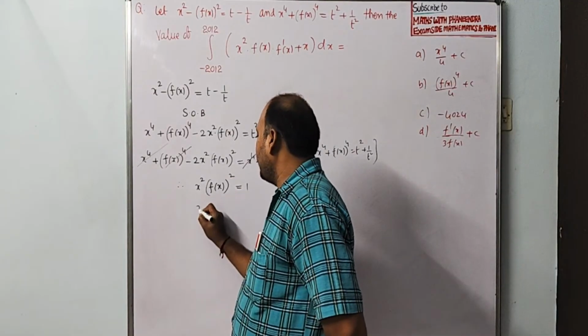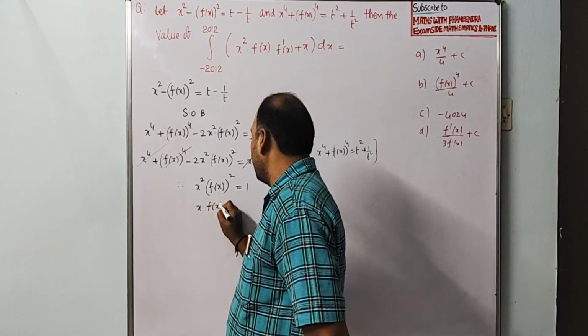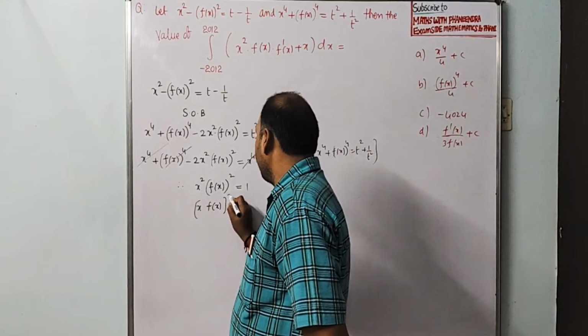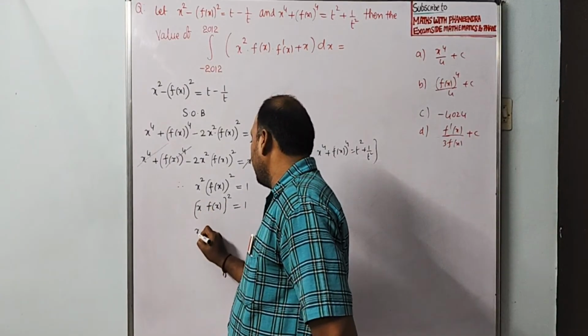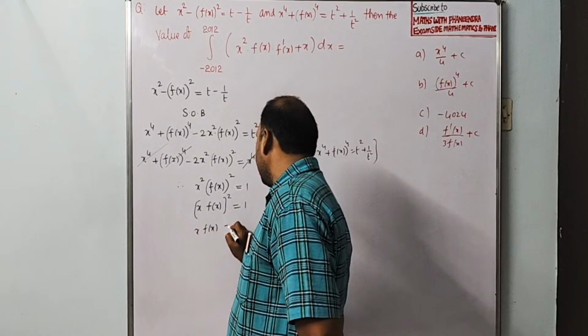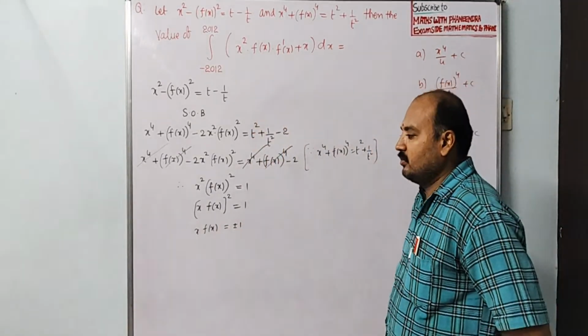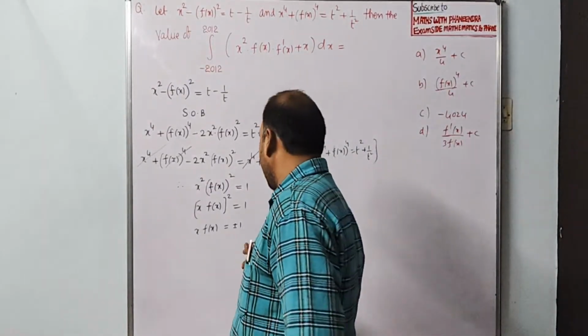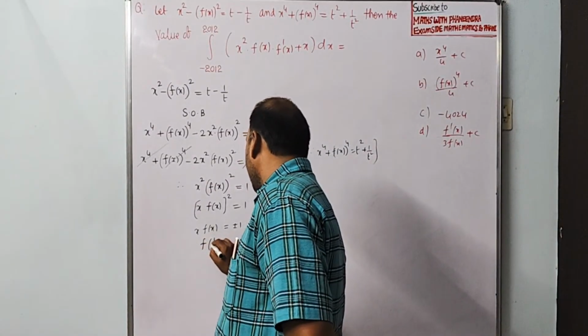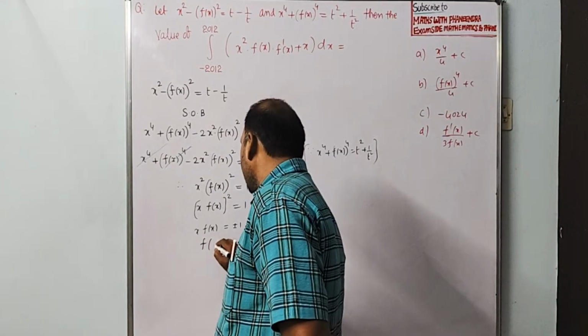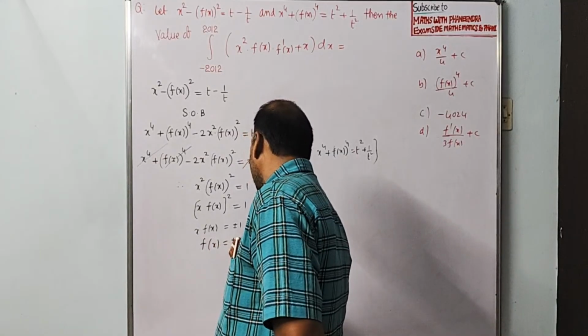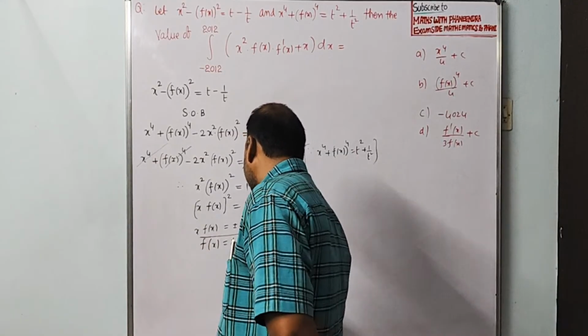So here, x into f of x whole square is equal to 1. x into f of x equal to plus or minus 1. Still here we get clarity, and f of x equal to plus or minus 1 by x.